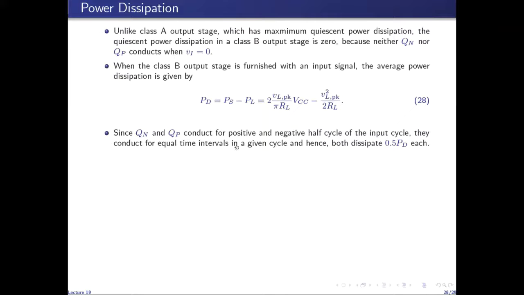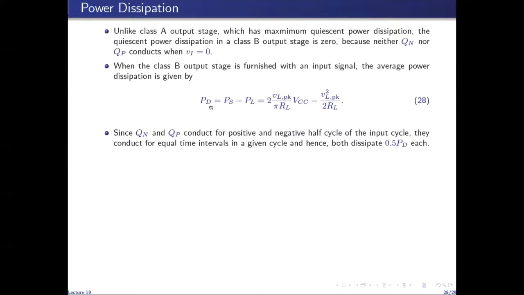Since this is the average power over the whole cycle of the input signal, and noting the fact that Qn and Qp conduct for equal time intervals, Qn conducts in the positive half cycle and Qp conducts in the negative half cycle. So for half of the duration of the cycle Qn conducts, and for the other half Qp conducts.